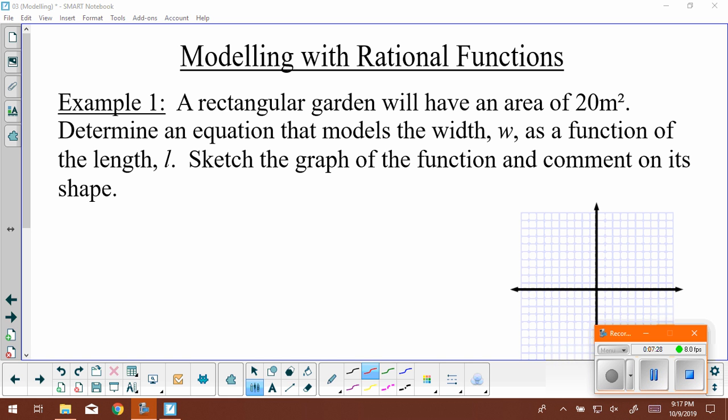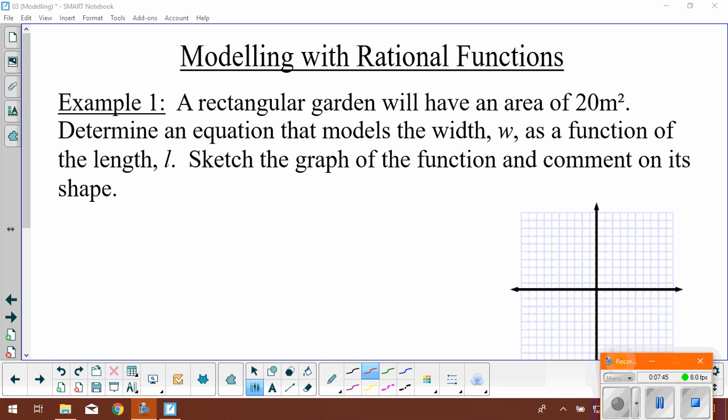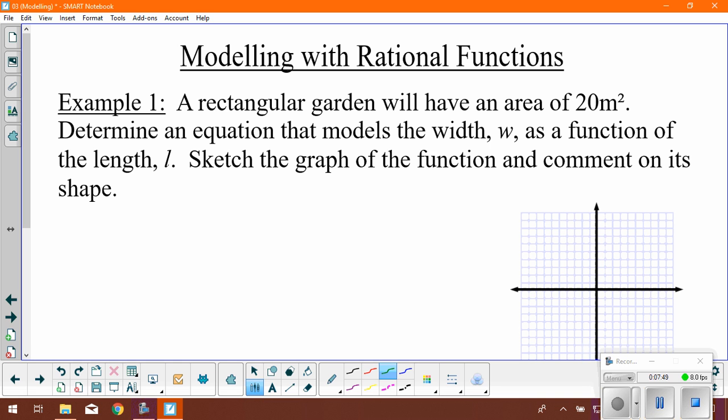So example 1: a rectangular garden with an area of 20 square meters. Determine an equation that models the width as a function of the length. And then sketch the graph of the function and comment on its shape. The only thing we have to go on here is basically the formula for area.